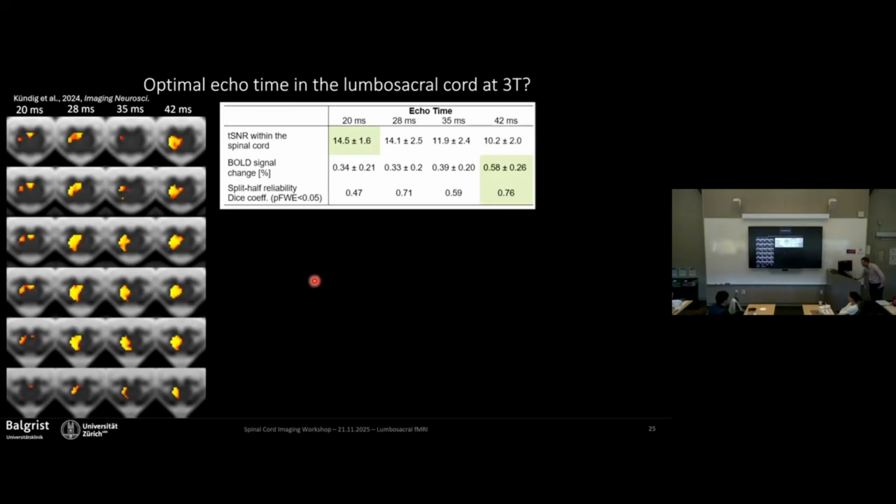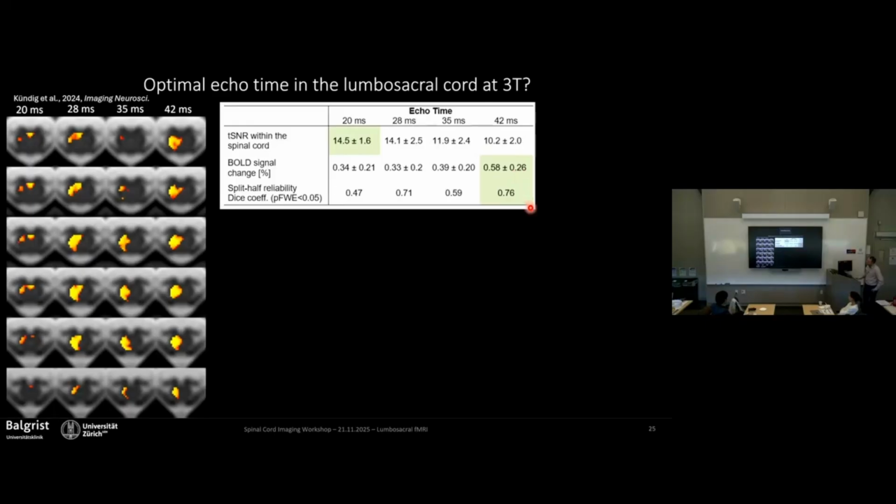Here you can see in the different columns the different echo times. The first observation was that the echo time of 20 milliseconds was clearly the worst. The higher echo times gave much more activated voxels. The BOLD signal change was actually the highest with the echo time of 42 milliseconds.